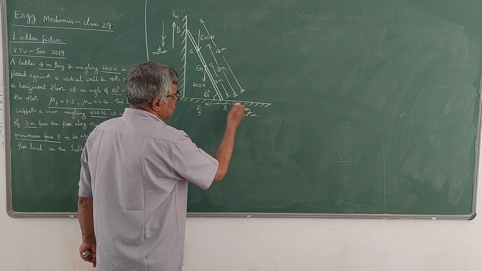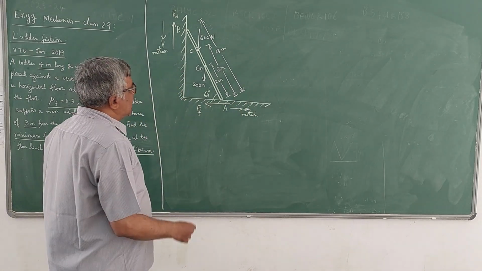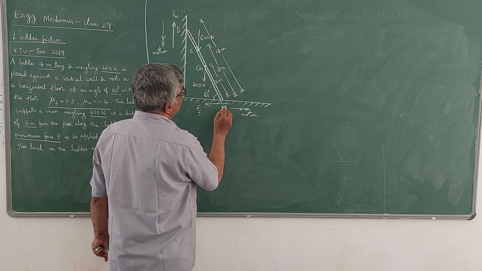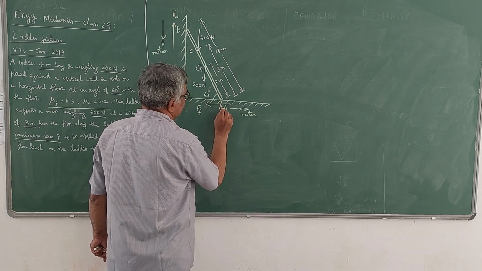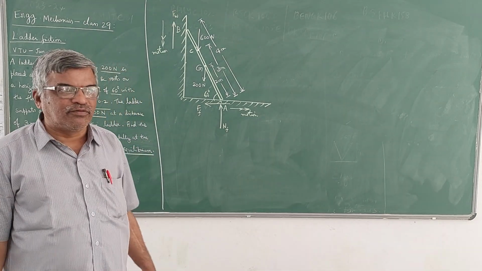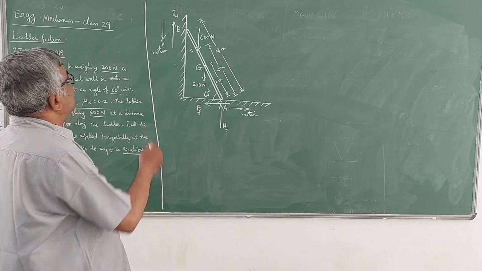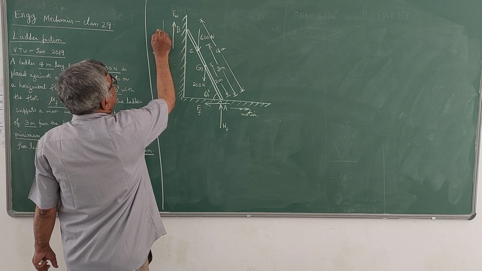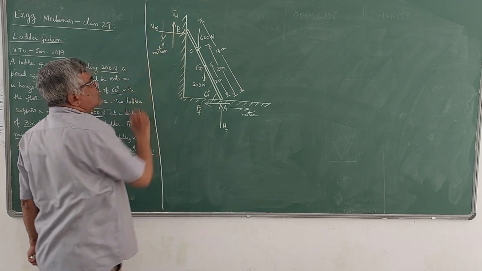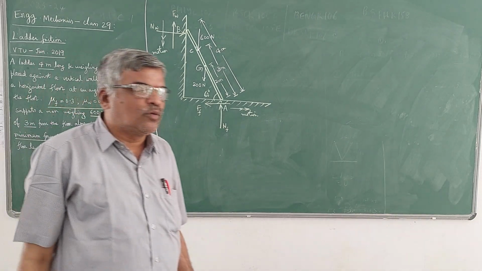You have normal reaction also that is going to develop at this point A. So normal reaction will be like this. I will take it as NF, the normal reaction at the floor. And here the normal reaction at the wall, I am going to take like this at B, NW. So NW is the normal reaction at the wall.